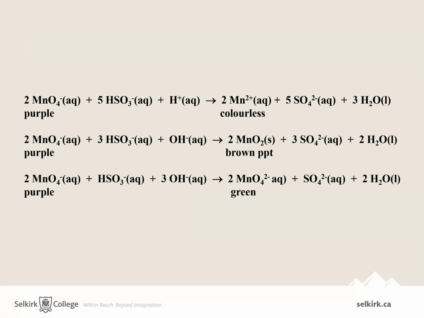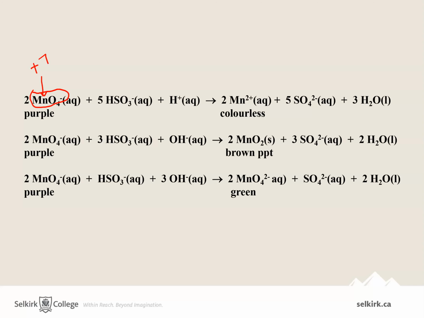So here are the reaction equations that go with the demonstration I just showed you. In each case, we start with purple potassium permanganate. Now I've written these as net ionic equations. I've left out the K+ spectator ion. That's the purple permanganate. The oxidation number of this manganese is +7.